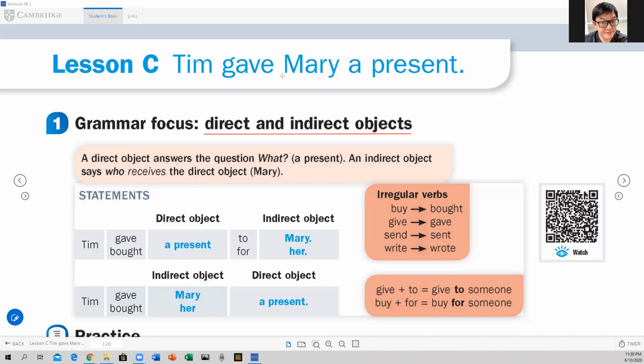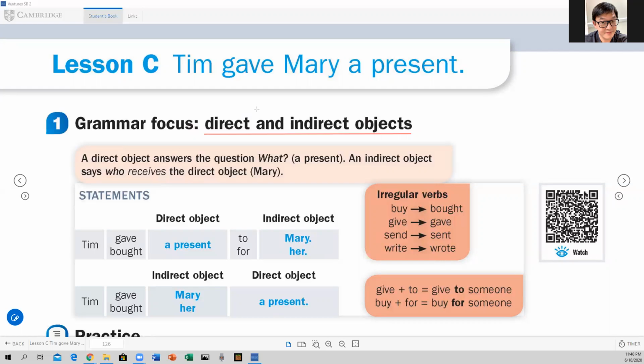Okay. And first, the most important thing now: I want you to forget what a direct object and an indirect object is in your native language. I want you to forget about it.